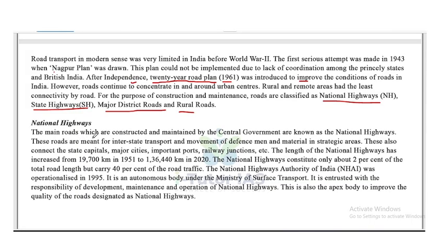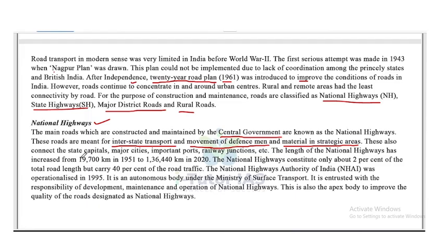The main roads which are constructed and maintained by the central government are known as national highways. These roads are meant for interstate transport and the movement of defense men and material in strategic areas.